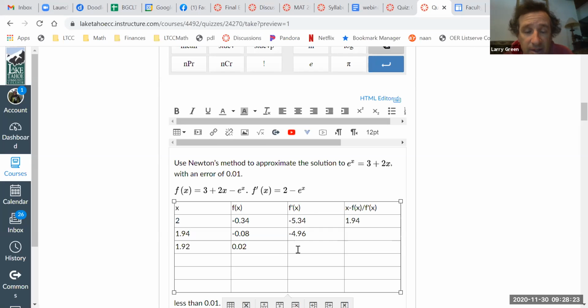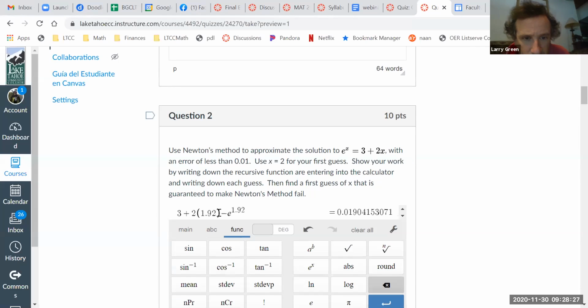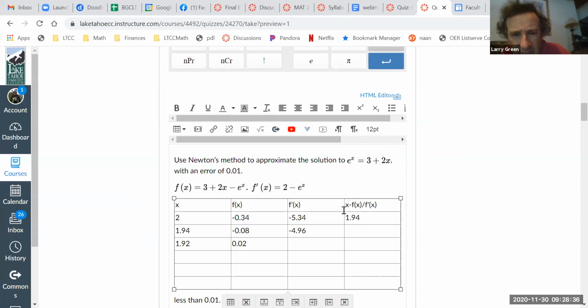Okay, and then we do the same thing with f prime, which is 2 minus e to the x. So that's 2 minus e to the 1.92, and I get negative 4.82. I forgot to put 1.92. There we go.